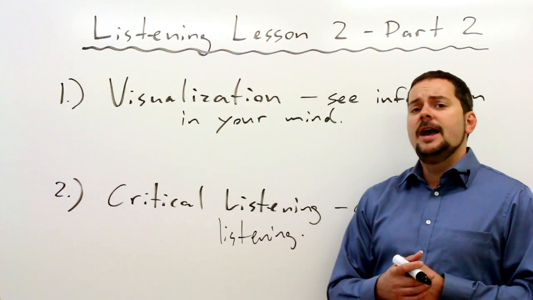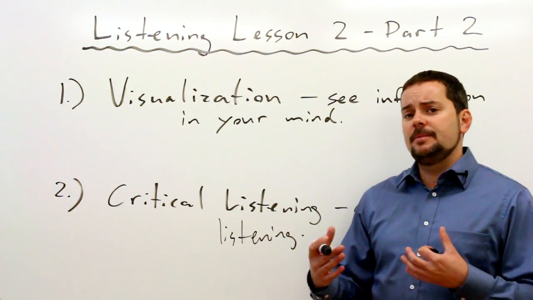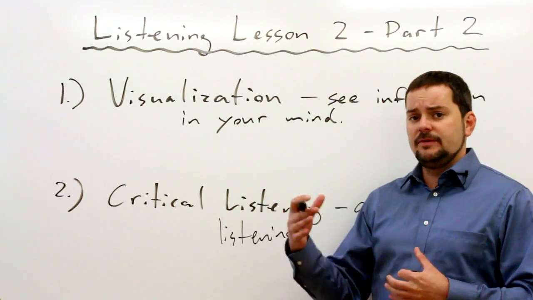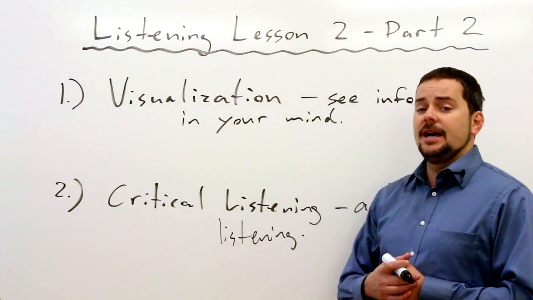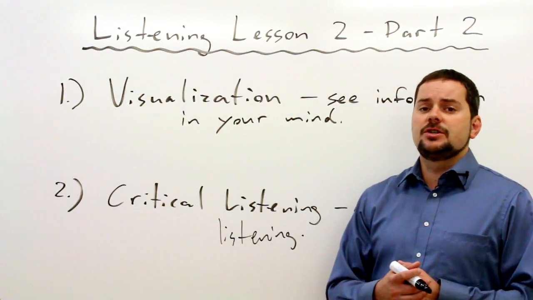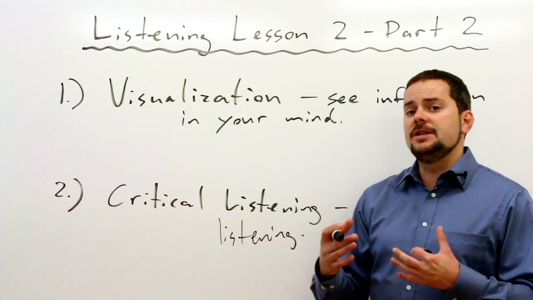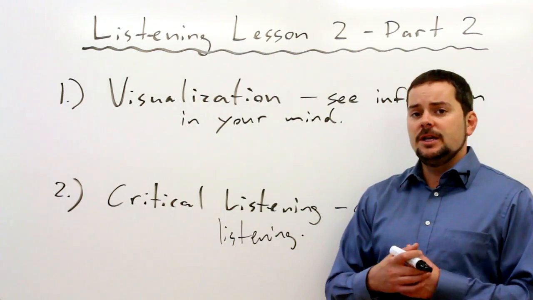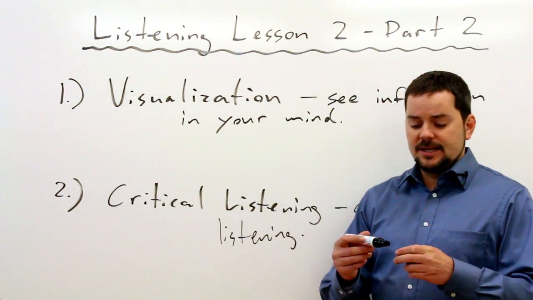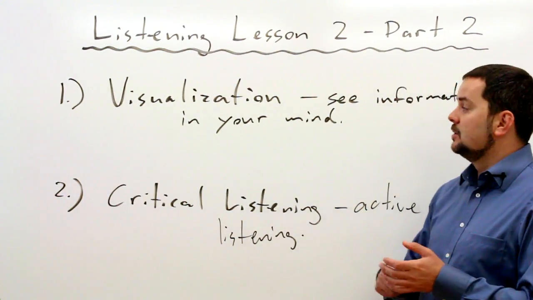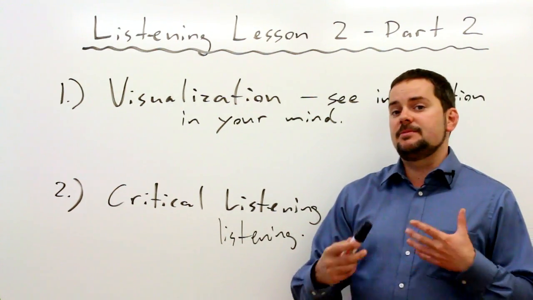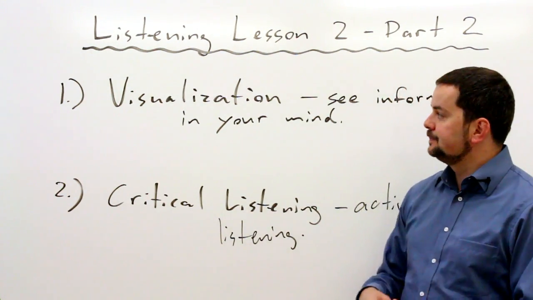Just so you can see how these skills, just like paraphrasing and note-taking from the previous lesson, apply to all sections of listening. And you should practice all of these skills for each section at home when you're doing the exam. Okay, so let's look at visualization in more detail, and let's practice that a little bit with section 3.